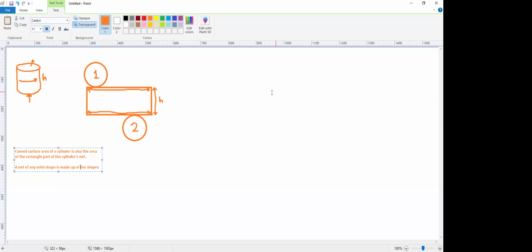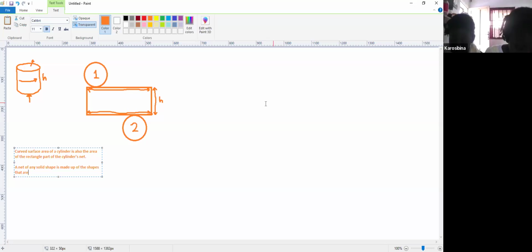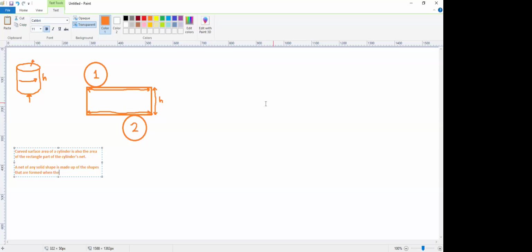of the shape that solid shape. Don't worry, I will explain the things that I've not explained yet.